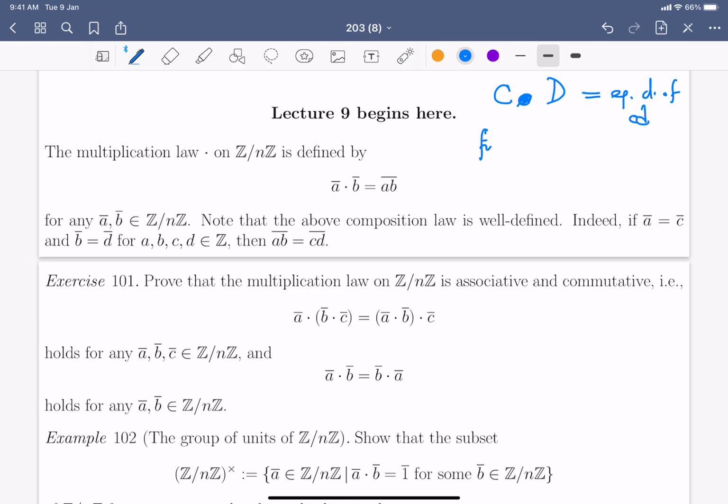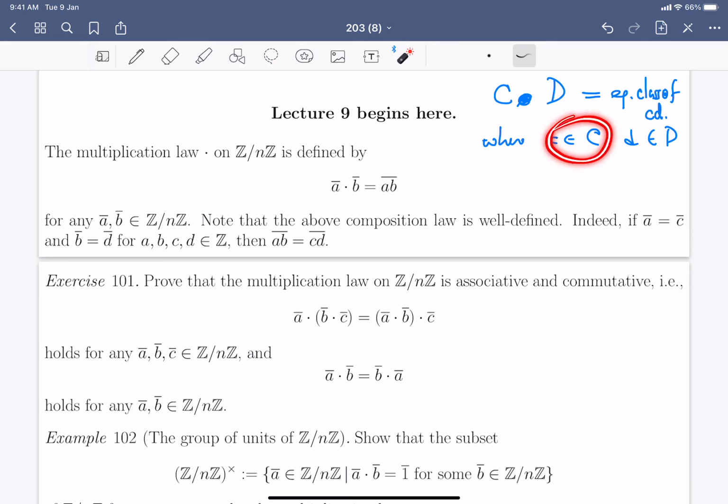Where little c is chosen from c-bar and little d is chosen from d-bar. Maybe this is not that clearly visible, so let me rewrite it: the equivalence class of the integer c times d, where c comes from c-bar and d comes from d-bar.